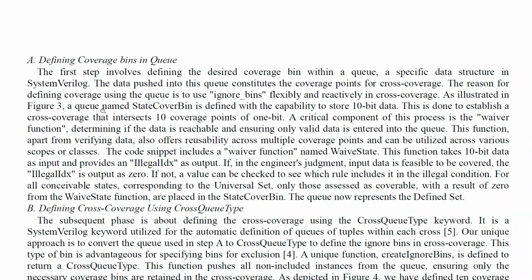As illustrated in Figure 3, a queue named state cover bin is defined with the capability to store 10-bit data. This is done to establish a cross coverage that intersects the 10 coverage points of 1 bit each. A critical component of this process is the waiver function, determining if the data is reachable and ensuring only valid data is entered into the queue.